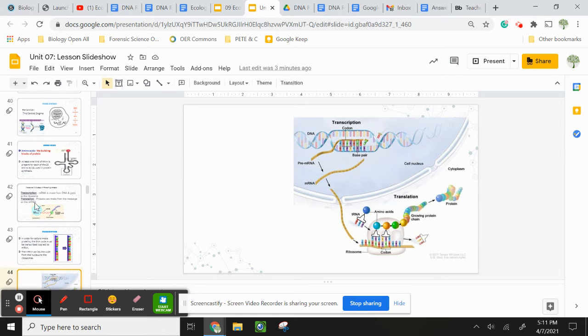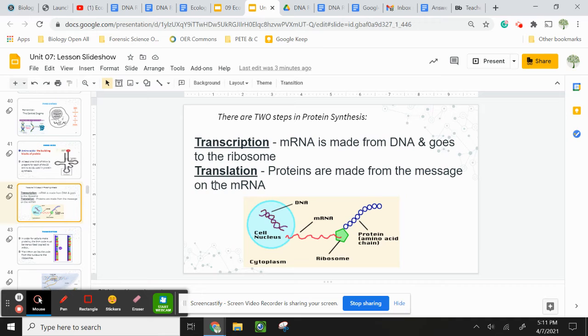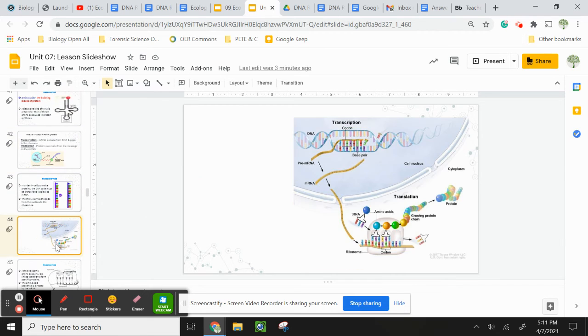Well, that's the transcription process. So the first step, transcription, and then translation. Once the messenger RNA leaves the nucleus, it needs to enter the cytoplasm and find a ribosome. That's what's taking place right here, and that's the second step of the process called translation.